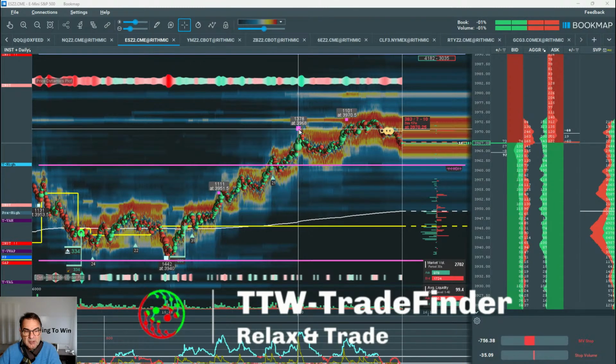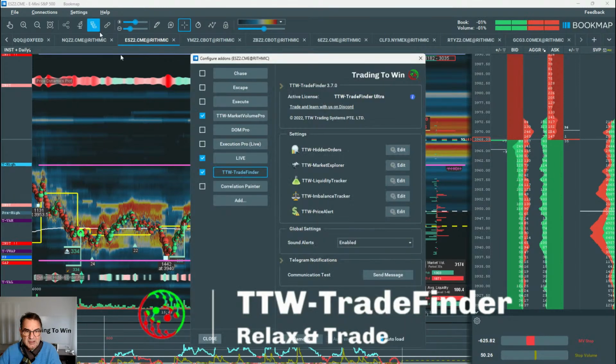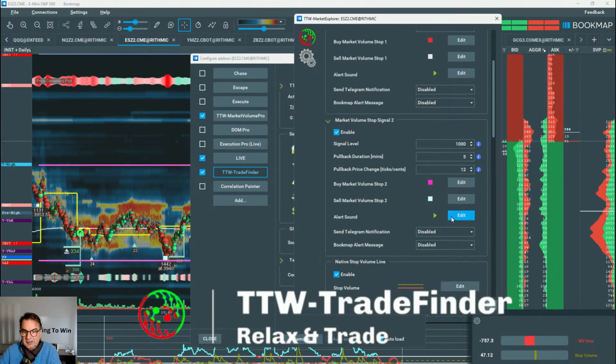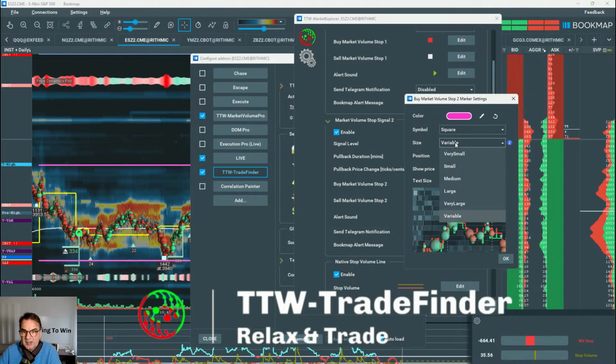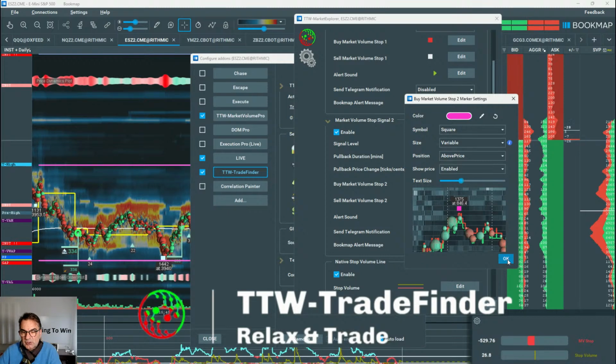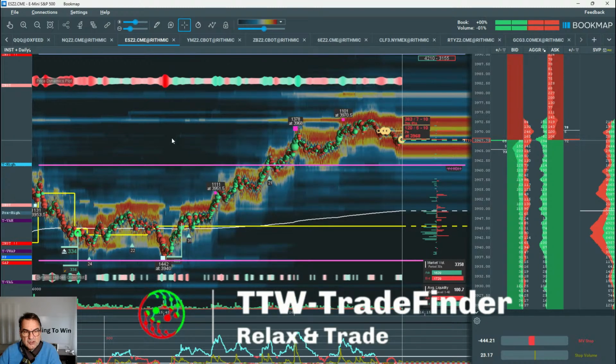It's customizable in colors and in symbols. Let me show you that here on the chart. For example, when you edit the symbol, then you can define a symbol which pleases you, and then what we have added is a variable size and text size. You can adjust it so as not to get too many signals on your chart.